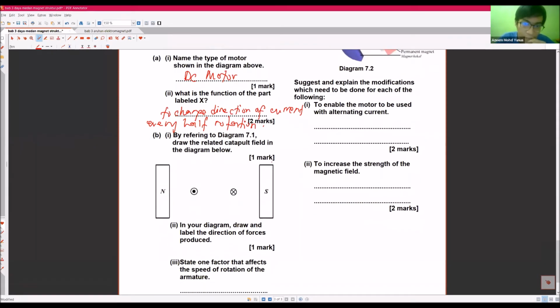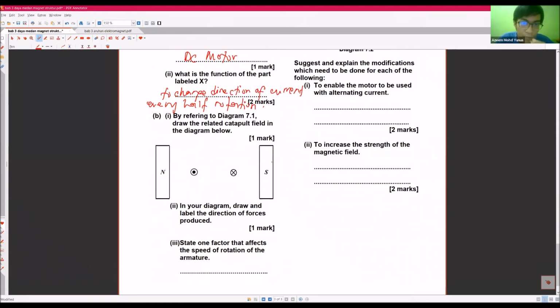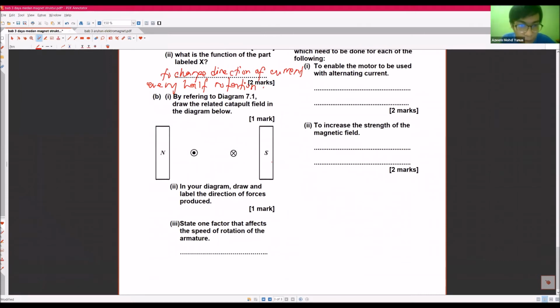By referring to diagram 7.1, draw the related catapult field in the diagram below. So you have to draw a straight line. So this one is counterclockwise by using the right hand rule. This one is clockwise by using the right hand rule as well.